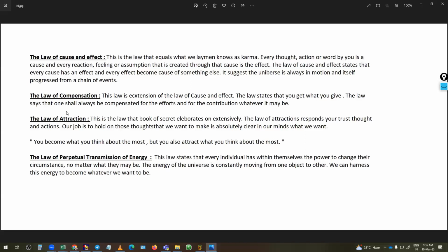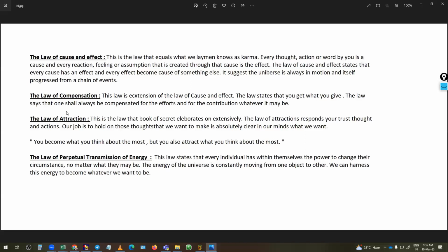The next law is the law of attraction. This is very famous also. This is the law that the book The Secret elaborates on extensively. The law of attraction responds to your thoughts and actions.